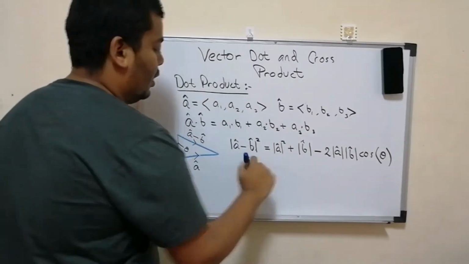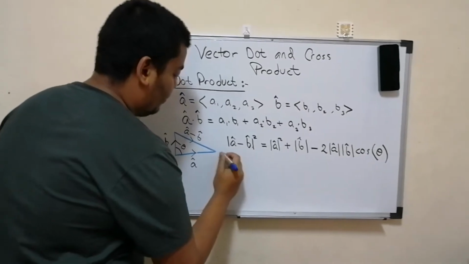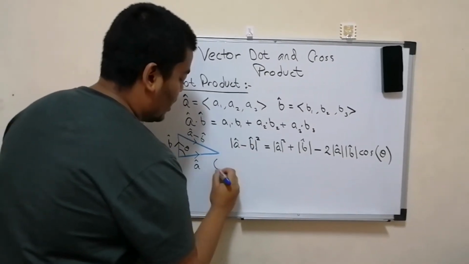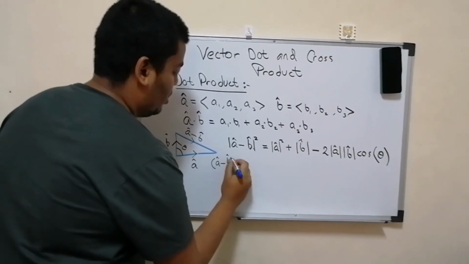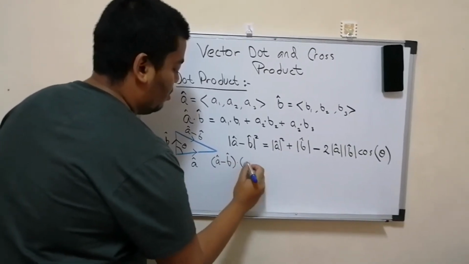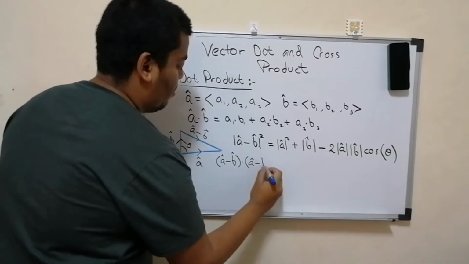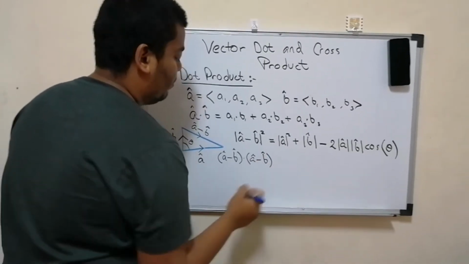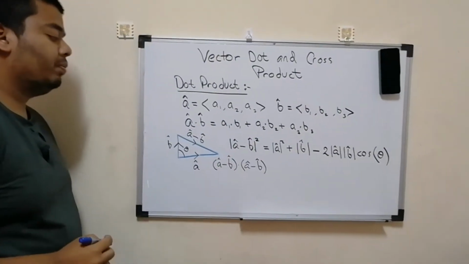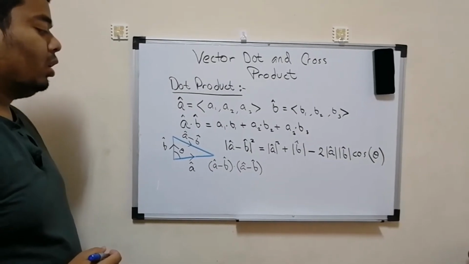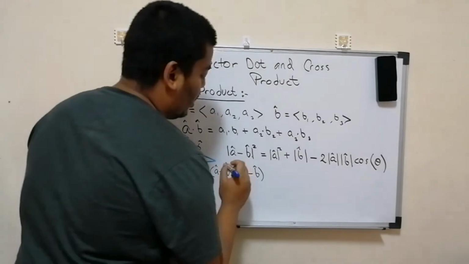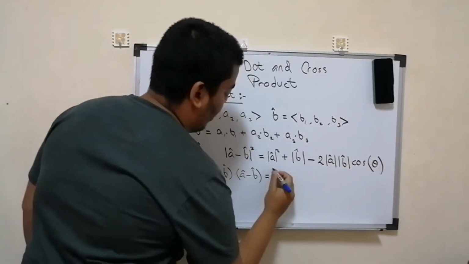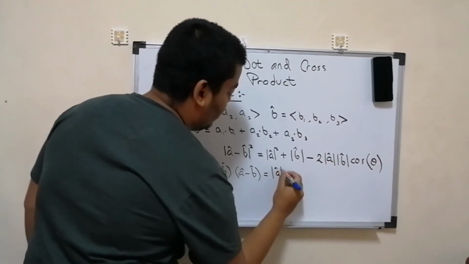So this side can be written as A minus B dotted with A minus B. Okay, and let's go ahead and write down the right hand side as it is.